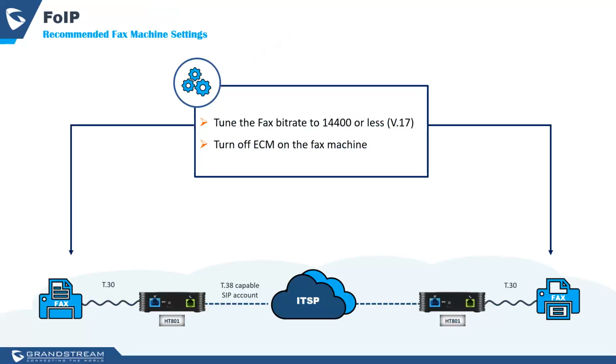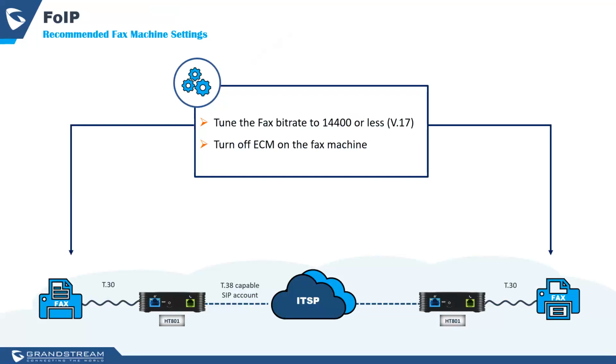But since Grandstream HT800 series uses V17 modulation standard, it might be helpful to disable this option on the fax machine so that you can avoid issues with retransmission, especially in a network environment where you have high jitter and high packet loss.